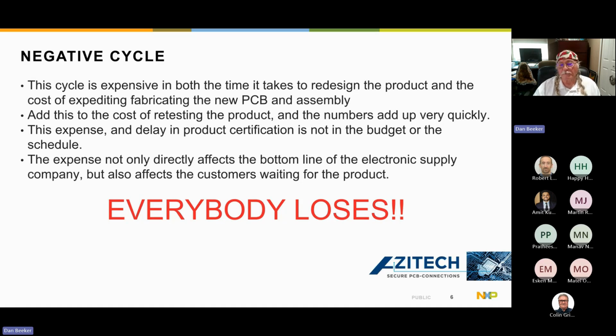You miss market windows. Companies go out of business every month because they can't afford to do this, or they can't make a product quick enough in order to meet a marketing window. So everybody loses because we don't have the right perspective in what we design.